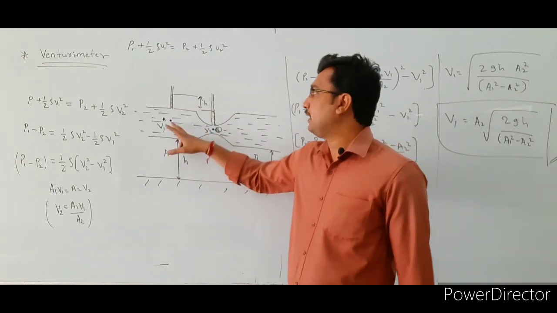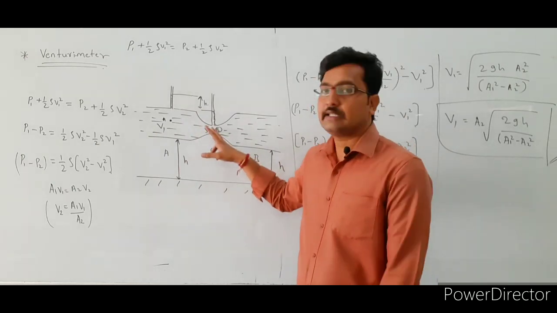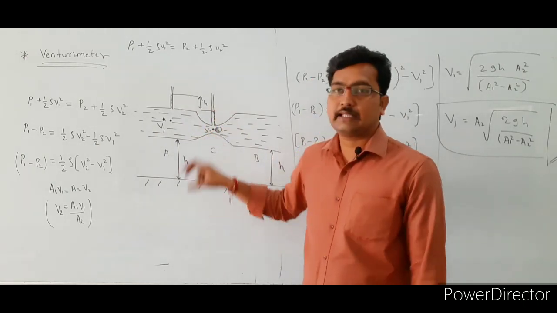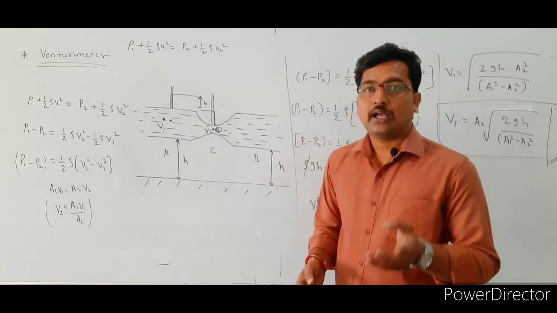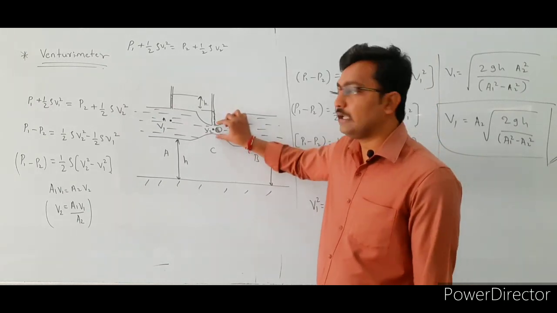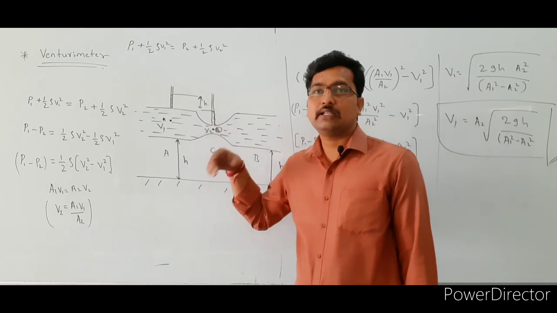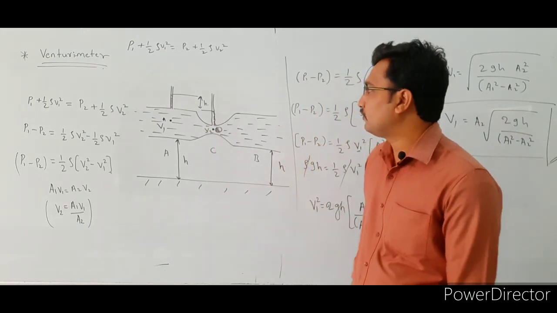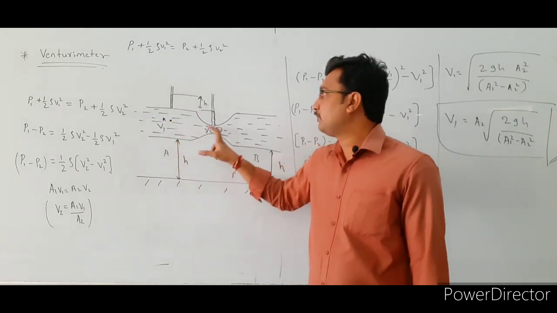In this case, the speed of the liquid at this point is V1. If the liquid reaches this point B, where the area is less, the speed of the liquid increases, because according to the equation of continuity, A is inversely proportional to V. Here the area is small, so the speed of the liquid at this point changes, that is V2, right? Here the speed of the liquid at point A is V1 and the speed of the liquid at point B is V2.